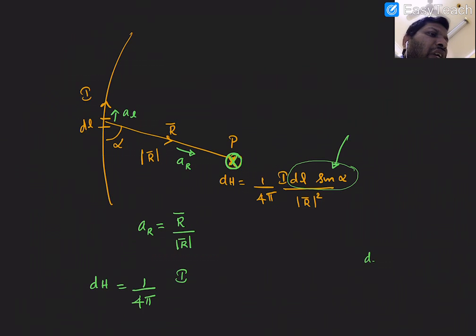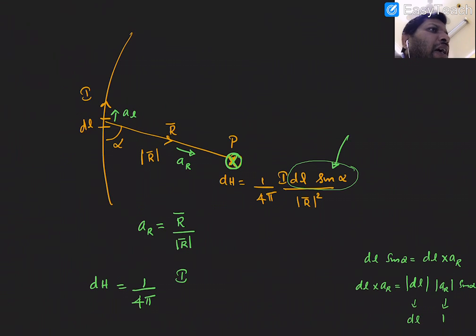I can represent dl sine alpha as dl cross AR, because the magnitude of dl cross AR is equal to the magnitude of dl into the magnitude of AR into sine alpha, and you know that the magnitude of AR is equal to 1, and the magnitude of dl we can say is dl.